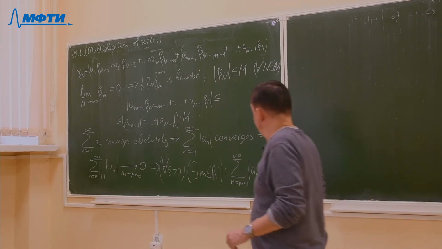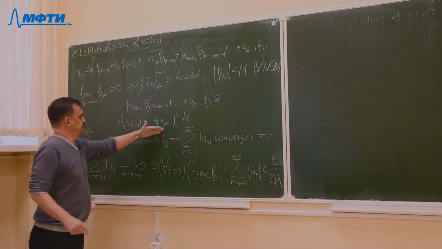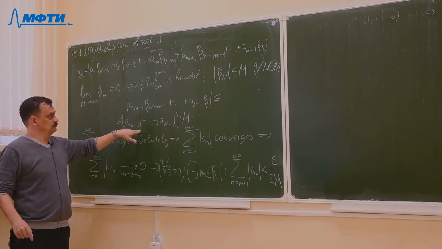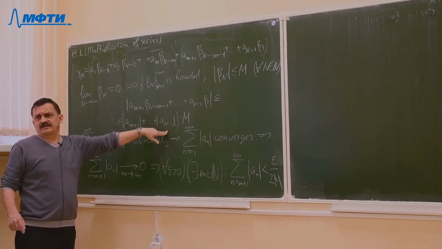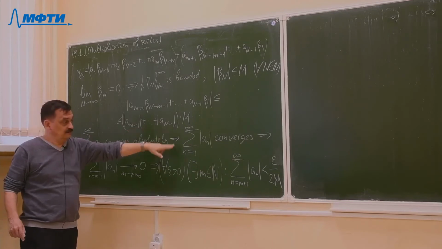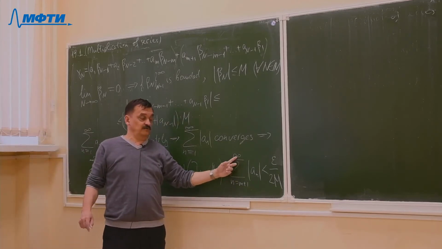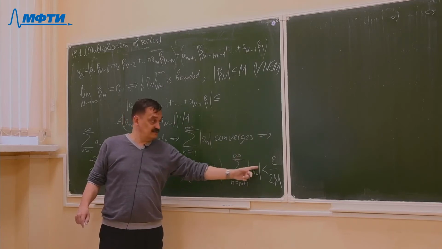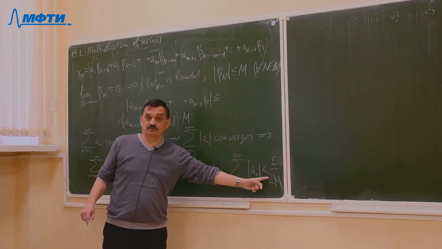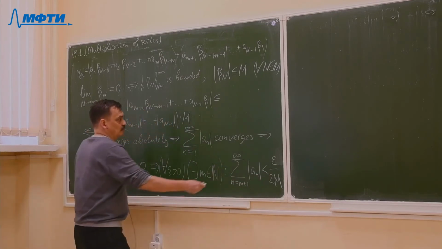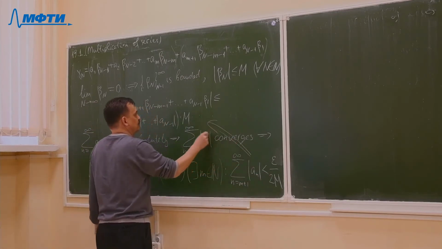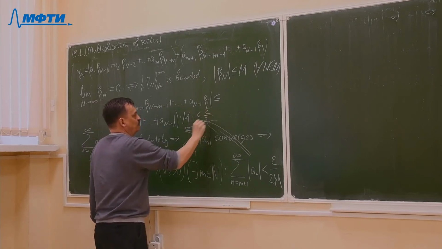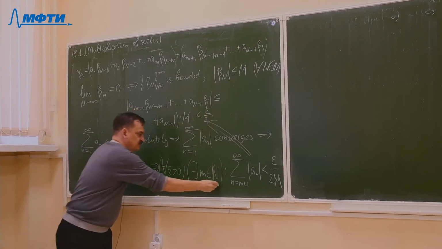Right? Then look here. We start from m plus 1. Stop somewhere, doesn't matter where we stop, right? Because we know that the remainder, even if we don't stop at all, the rest is less than epsilon over 2M, right? So we deduce from this that it is less than epsilon over 2 for this choice of m.